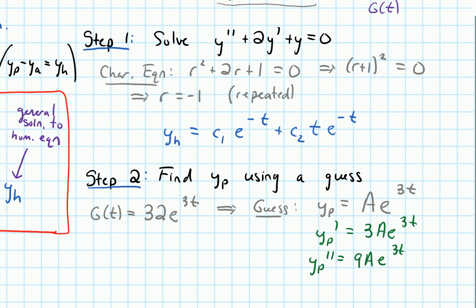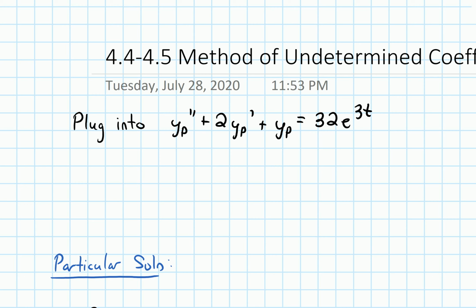All right, so now let's go ahead and plug in. Plugging into the differential equation, the second derivative was 9a e to the 3t. So we'll have that plus 2 times the first derivative, which was 3a e to the 3t. And then plus the original function, and the original function was a e to the 3t.